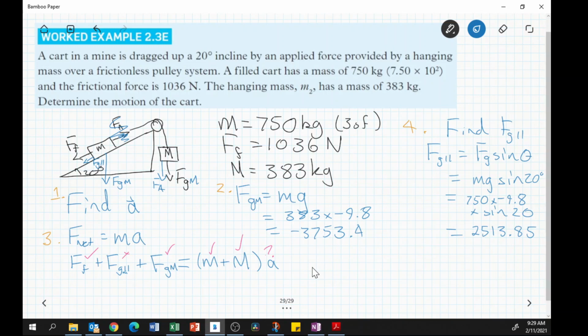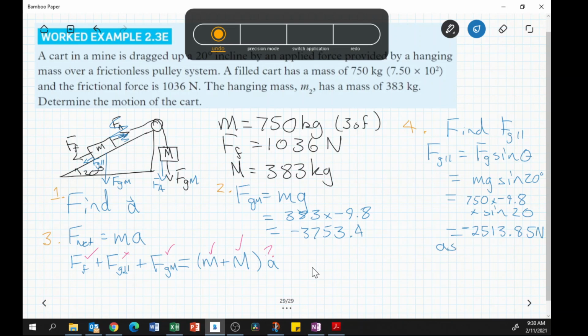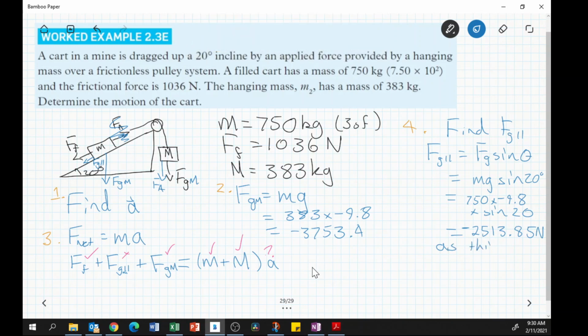Now this here is going to be in newtons, of course, and as Alex identified, we should get a negative number here. Now this, in this case, is acting to resist gravity, okay? So, as we could say in a little blurb, as this opposes gravity, make it positive.